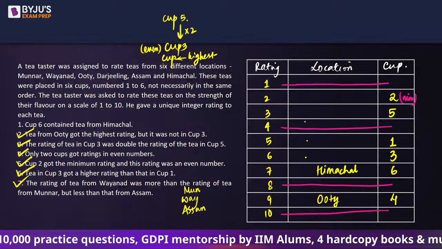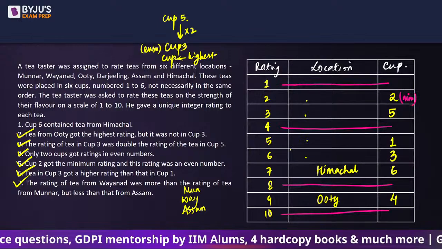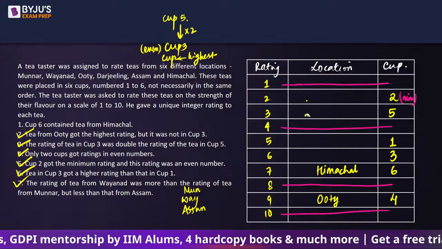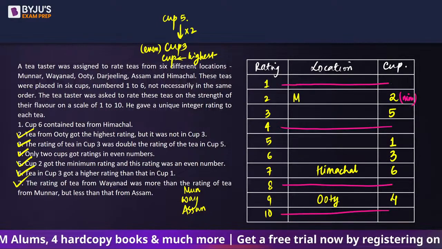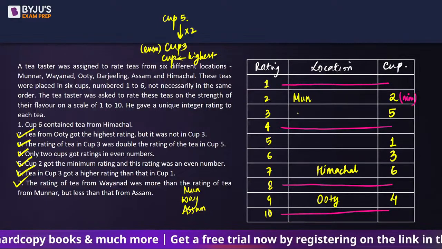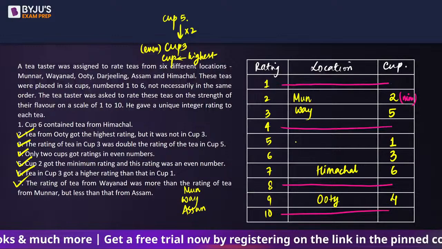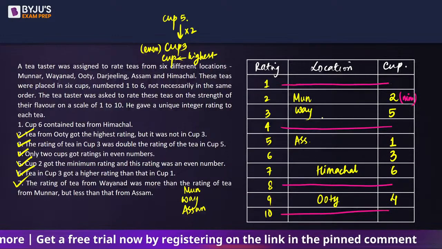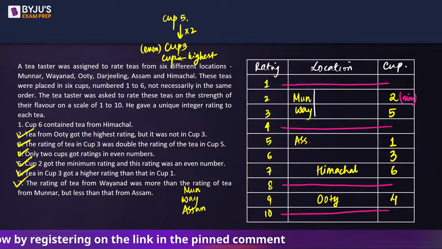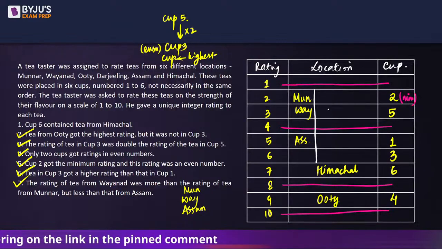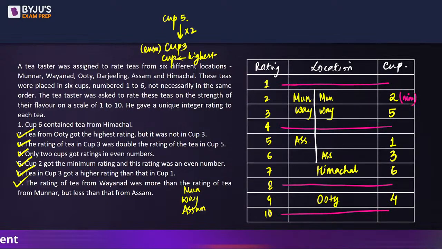Well, these are the 4 places left where we are supposed to put in these 3 values. Well, I think there are going to be 3 possibilities. Suppose this is Munnar, then this is going to be Wayanad, this is going to be Assam. So this is one possibility. If this is Munnar, this is Wayanad, and this can be Assam.